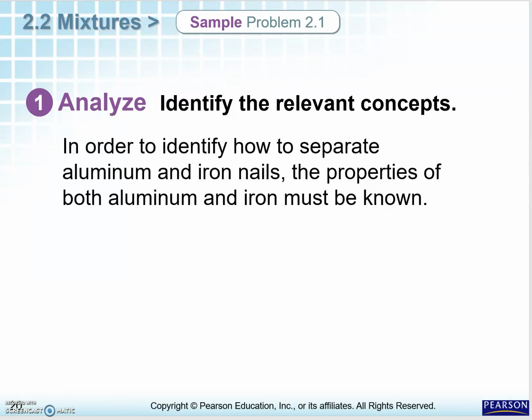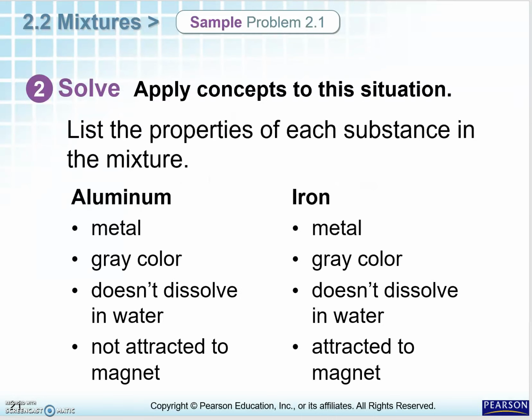They're both solid, so that doesn't work. What else? Let's see, they're both metal, so we can't really get rid of that. They're both gray, so we can't separate by color. Both of them do not dissolve in water, because if you put a nail in water, they still are a nail. Thankfully, otherwise our houses would all fall apart.